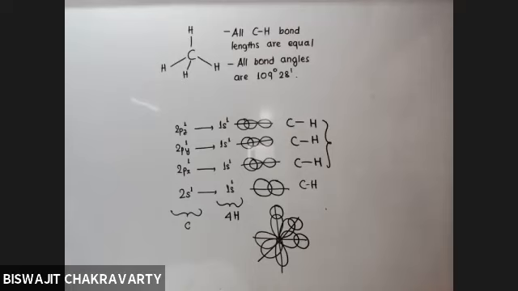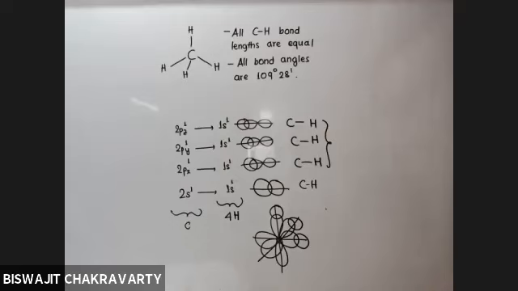But the reality is completely different. And what is the reality? The reality is all the carbon hydrogen bond lengths are exactly equal, and the bond angles in between are none of them 90 degrees. They all are equal and the bond angle is found to be 109 degrees 28 minutes. Clear? Okay.